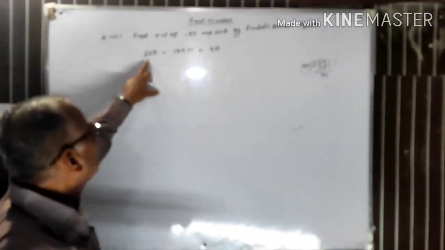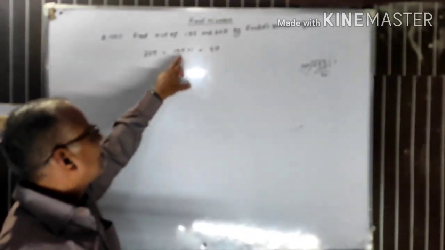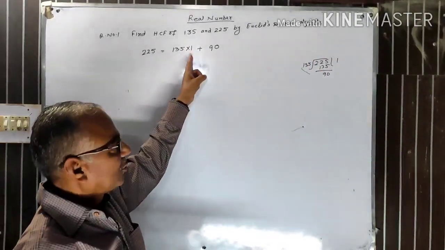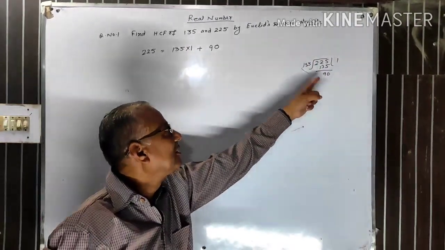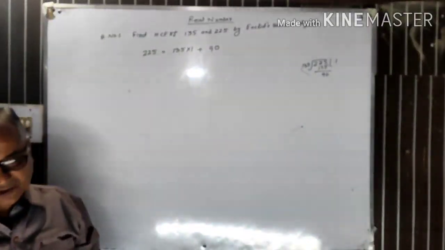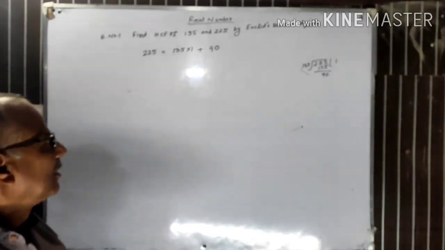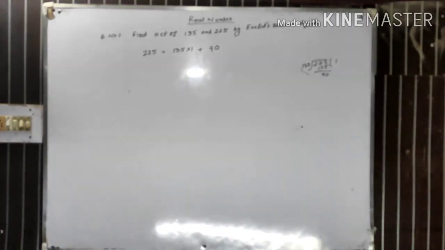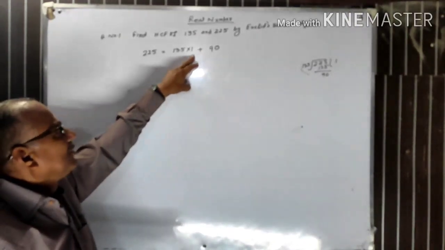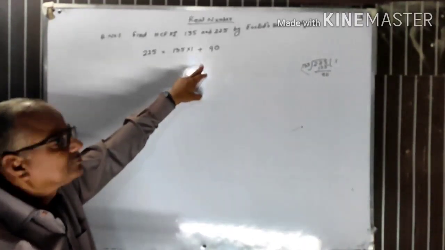So we have written 225 as 135 multiplied by its quotient plus remainder, because we have to find the HCF by the Euclid division algorithm method. So 225 is equal to 135 into 1 plus 90.